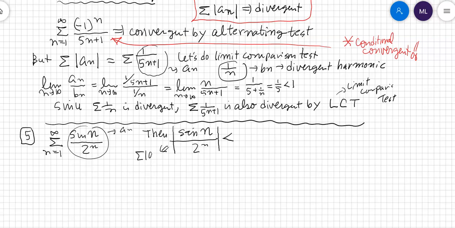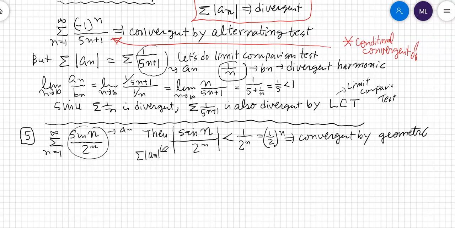Summation of |aₙ|, absolute value, is less than 1 over 2ⁿ because sin n is less than 1. Okay, this is 1 over 2ⁿ. This is convergent by geometric.